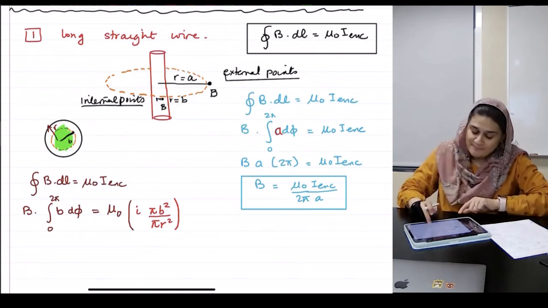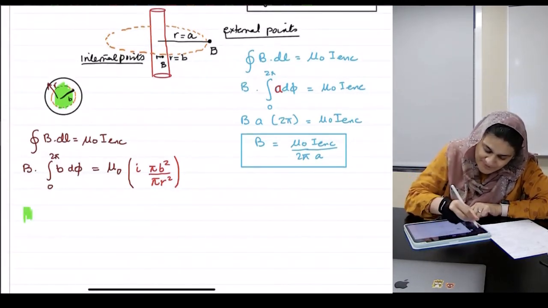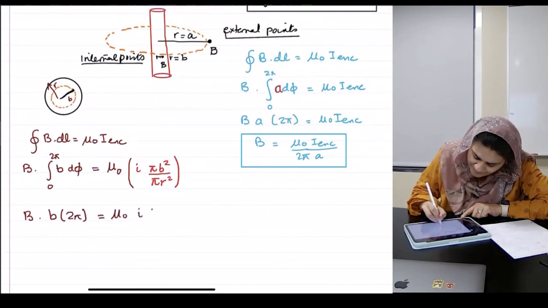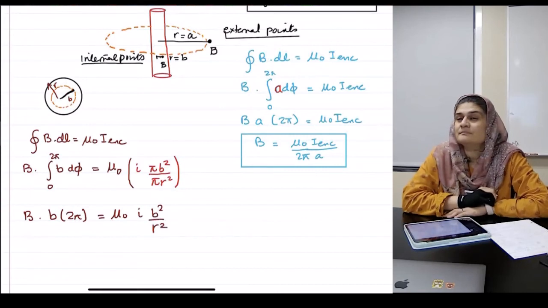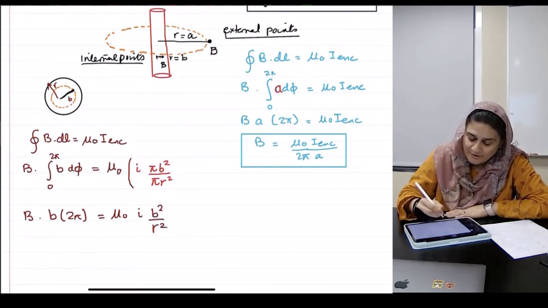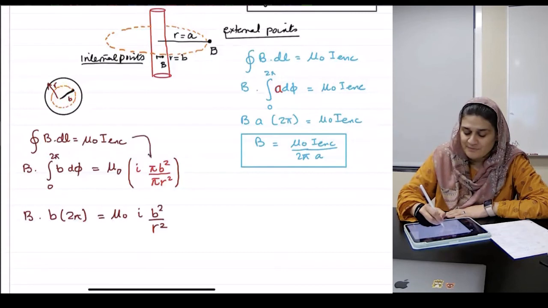Yes? So then may I write this as B. Do we all understand how this went from here to here, right?